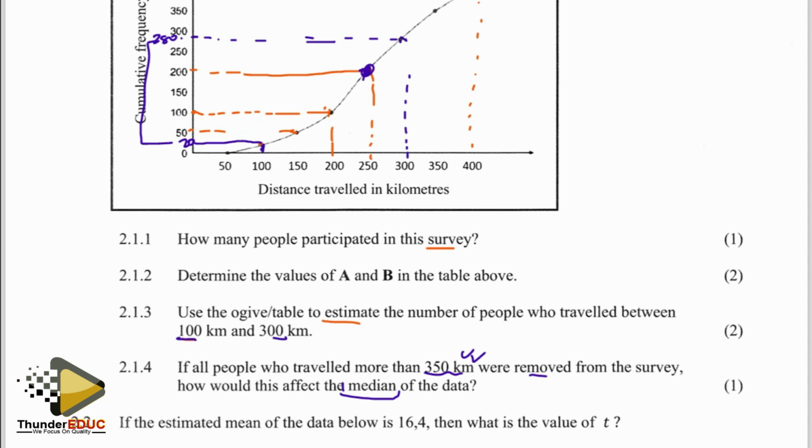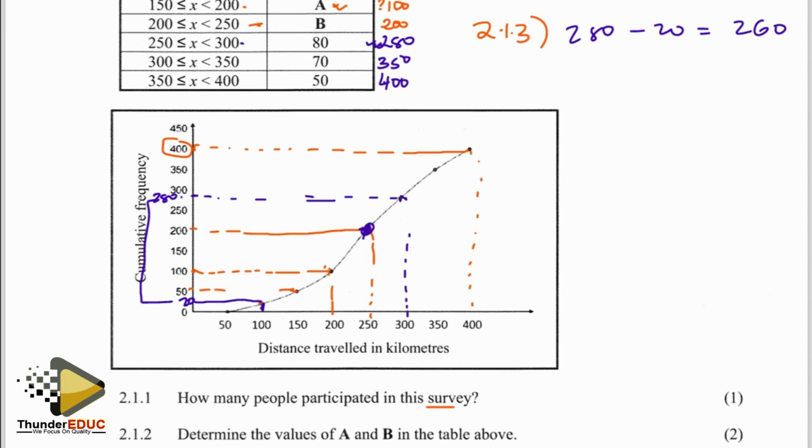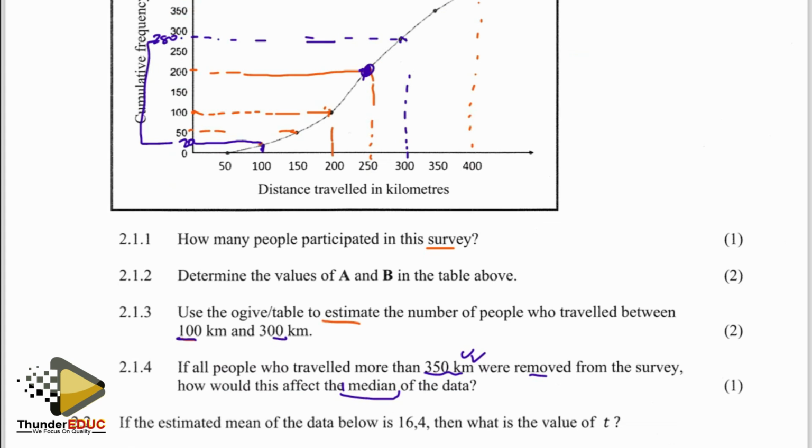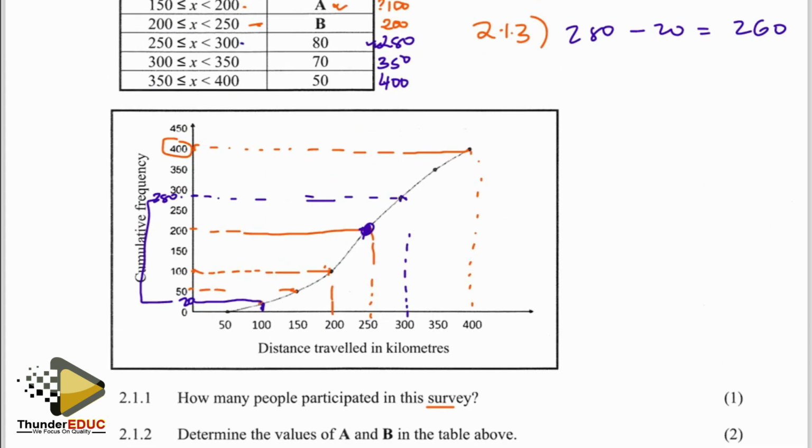Let's just test this. If the people that traveled more than 350, so if we take this 50 away, our total is now going to rest at 350. What is half of 350? That's going to give me 175.